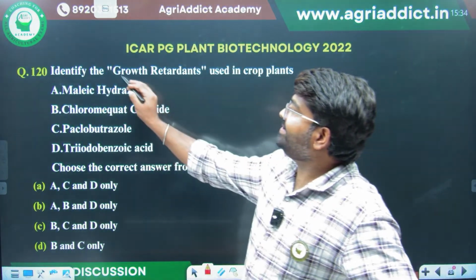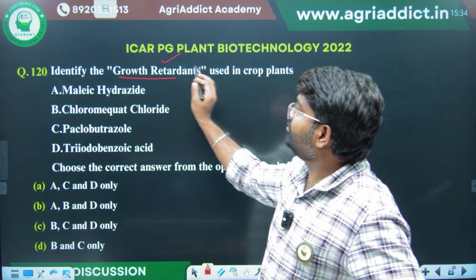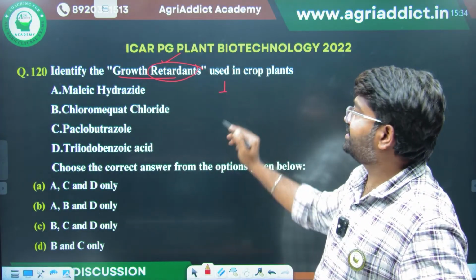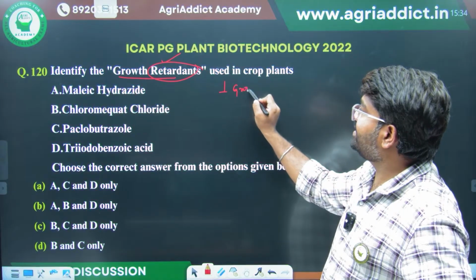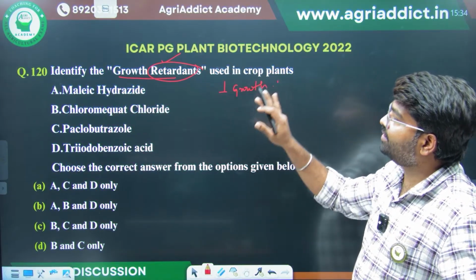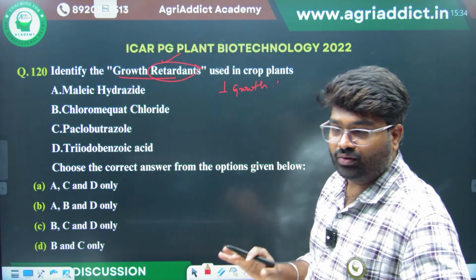Identify the growth retardants. Retardant means the growth will be inhibited. They are asking which can be used as a growth retardant in crop plants. Now I want to give the explanation.